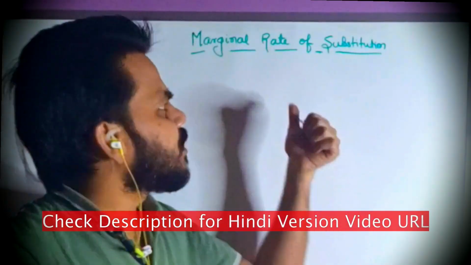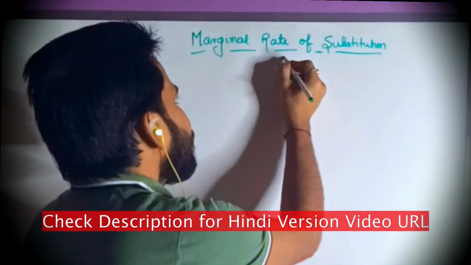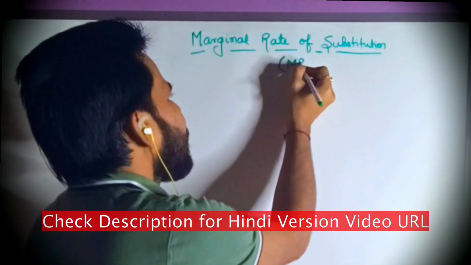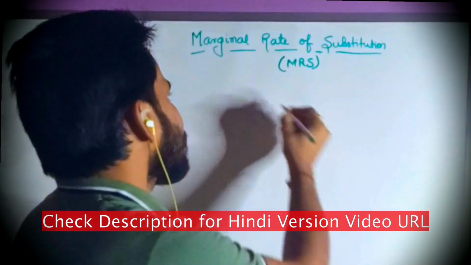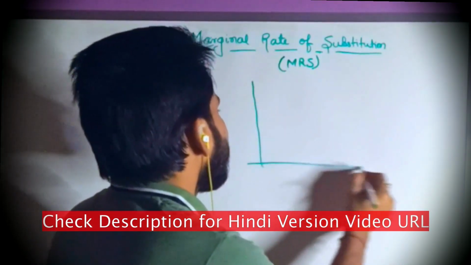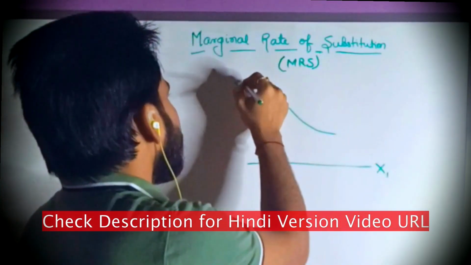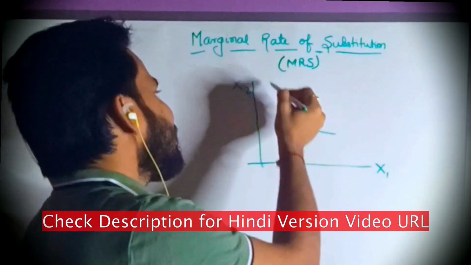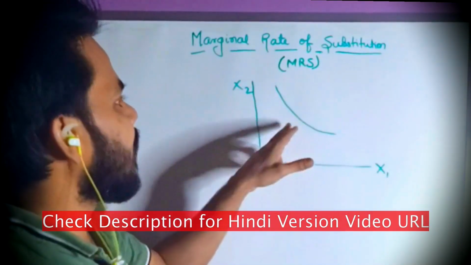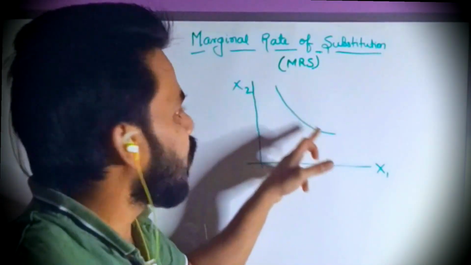What is marginal rate of substitution, or simply known as MRS? The indifference curve looks something like this, when this is your first good and this is your second good. So this indifference curve will definitely have a slope at every point.